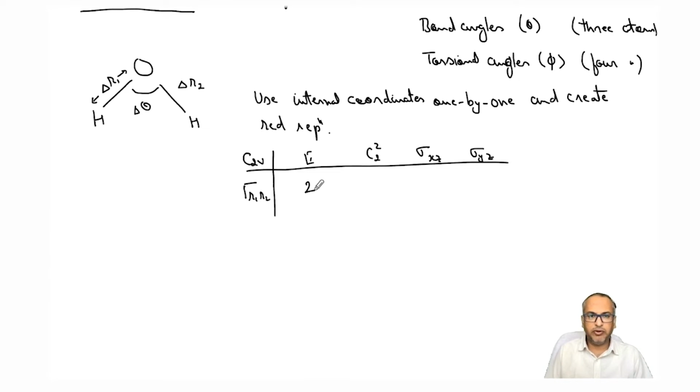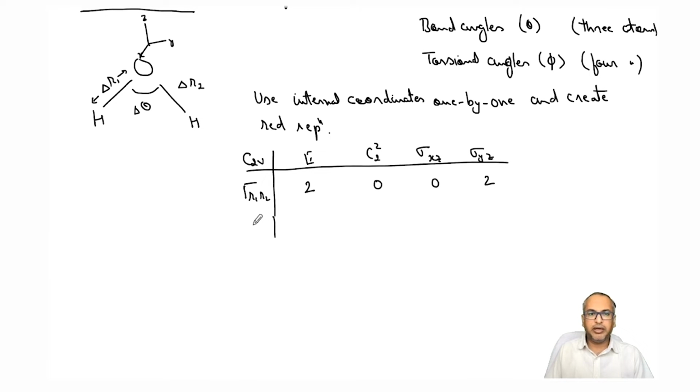So E will have 2, C2Z will be 0 because both the bonds are getting replaced with one another. Sigma XZ, again the bonds are getting reflected. Remember that this is my X, Y, and Z, so my XZ is perpendicular to the plane of the board. So this is 0. Sigma YZ, both the bonds stay where they are, right?